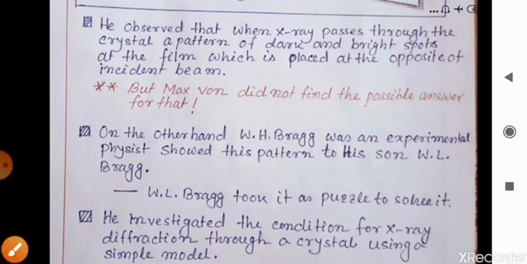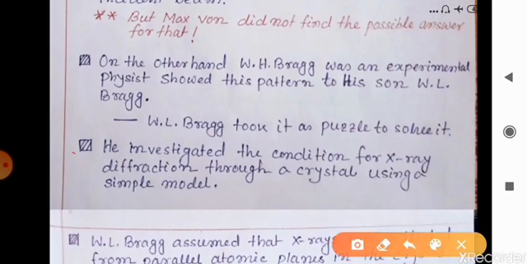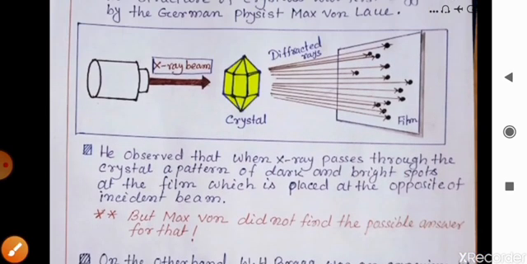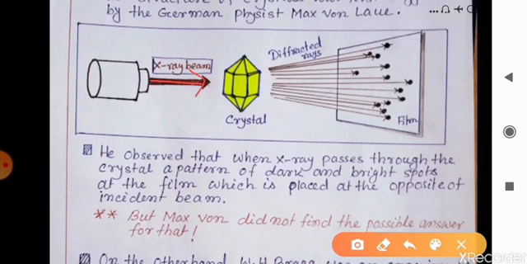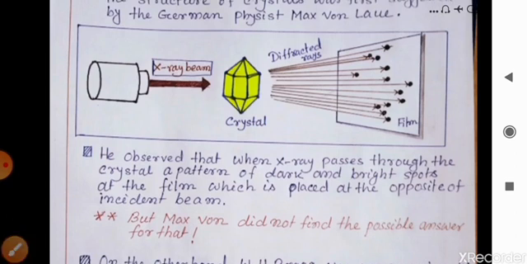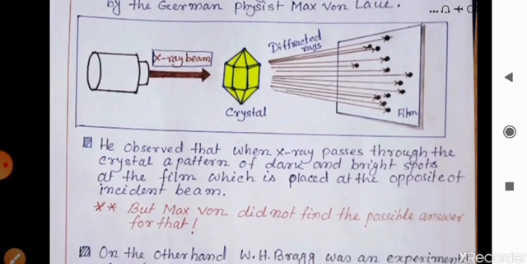He investigated the condition for X-ray diffraction through a crystal using a simple model. He thought that X-ray is nothing but an electromagnetic wave like visible light, and when it passes through the crystal, there is a possibility of diffraction. And he found a model to explain this diffraction pattern.